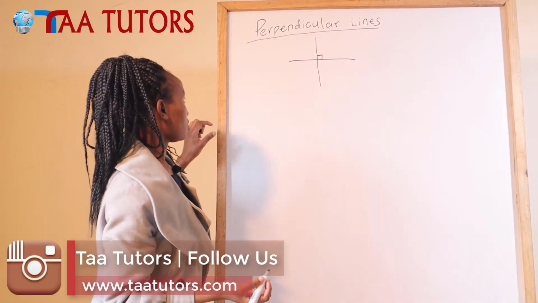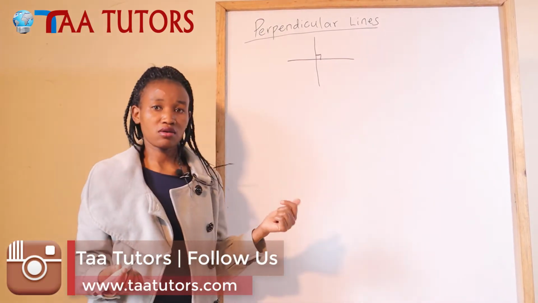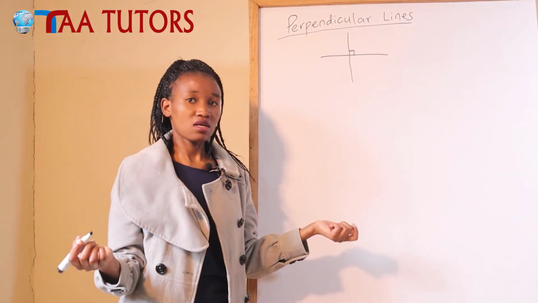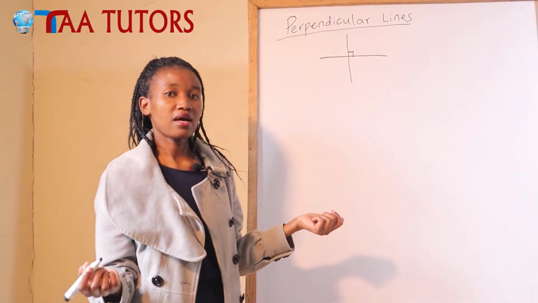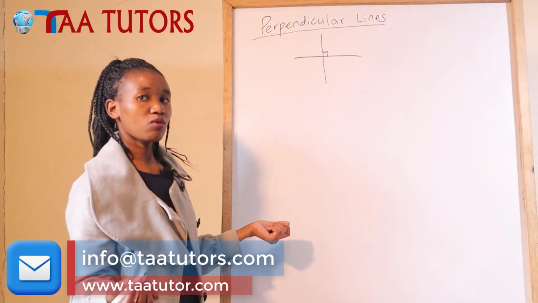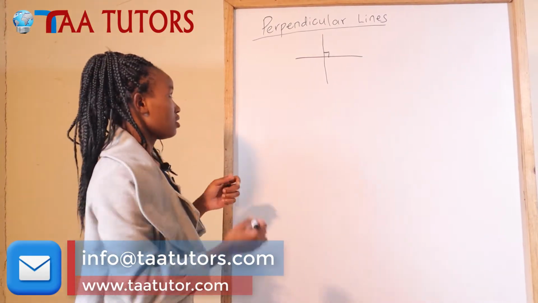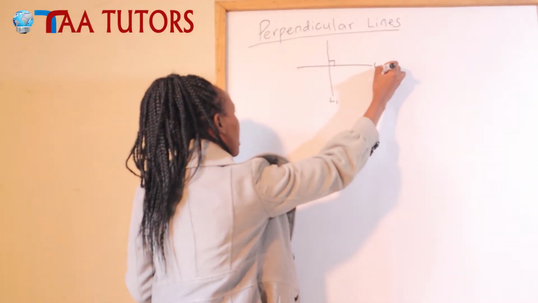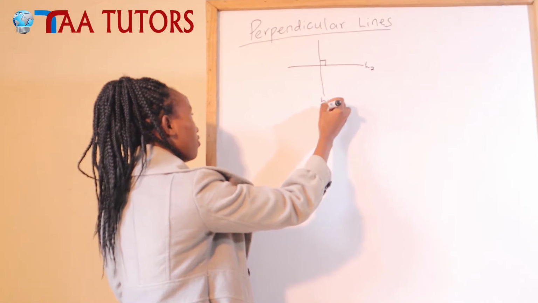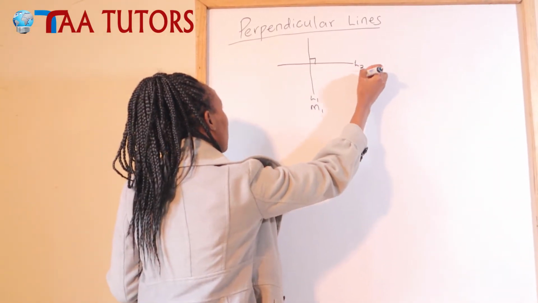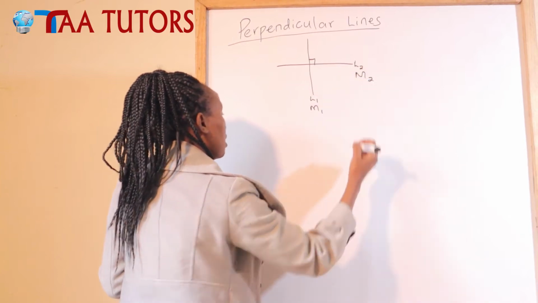So what is the relationship between the gradients of perpendicular lines? If you're told that two straight lines are perpendicular, then the product of their gradients is equivalent to -1. If this is line L1 and this is line L2, the gradient of L1 will be M1 and the gradient of L2 will be M2.